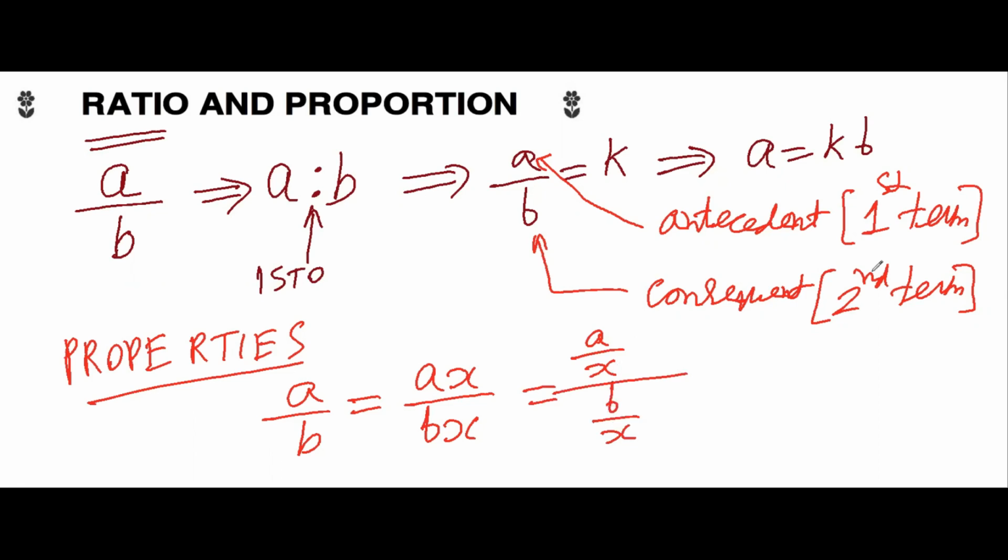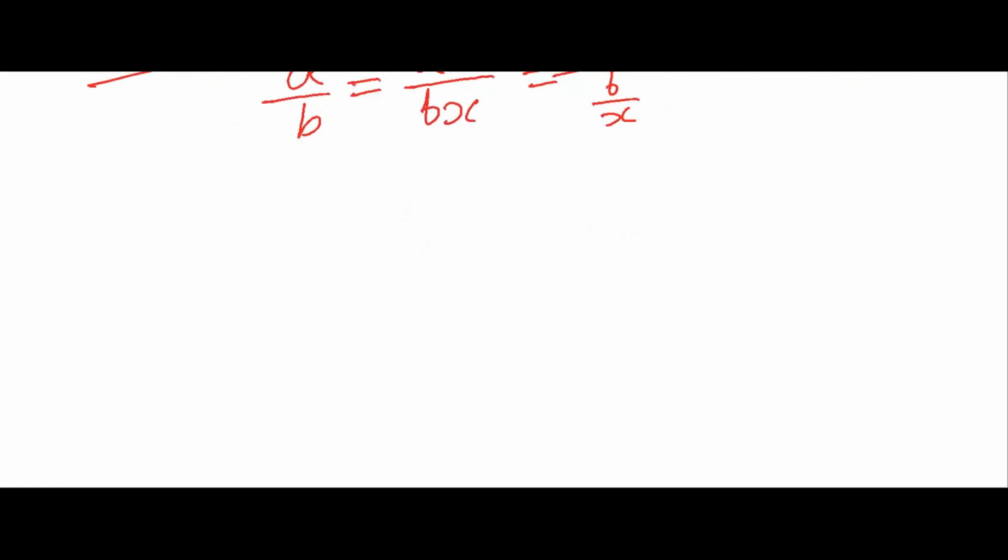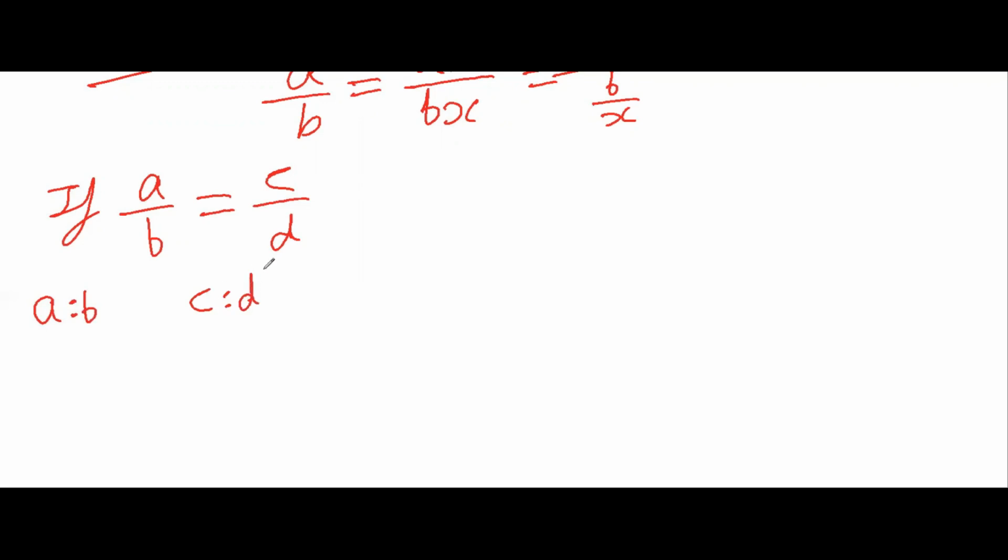Now the next concept is, if you have A by B is equal to C by D, this is known as proportional. A is to B is one ratio and C is to D is another ratio, and you are equating these.